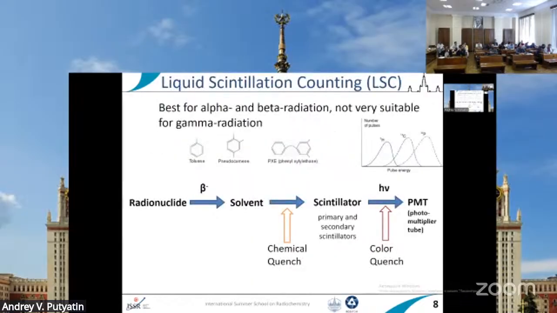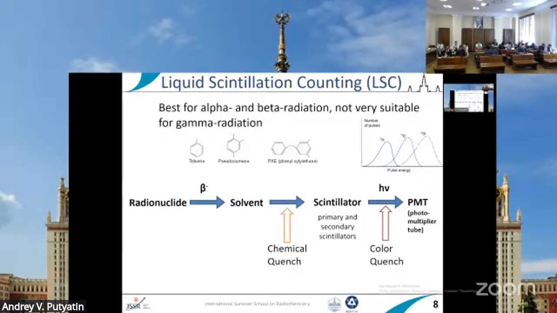So what do we normally use to measure the radionuclides, and why do we need destructive characterization of radioactive waste? Some of the radionuclides emit, for example, only beta particles, and they are so-called difficult to measure radionuclides, because to measure them, we have to extract them, separate them in individual state and measure them with liquid scintillation counting or some other techniques.